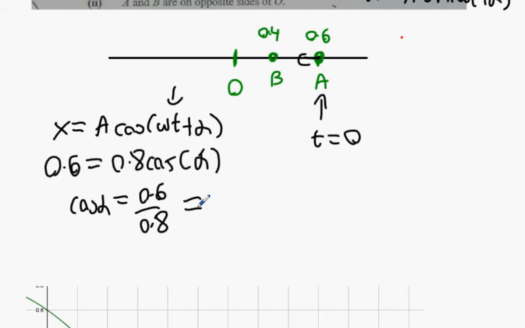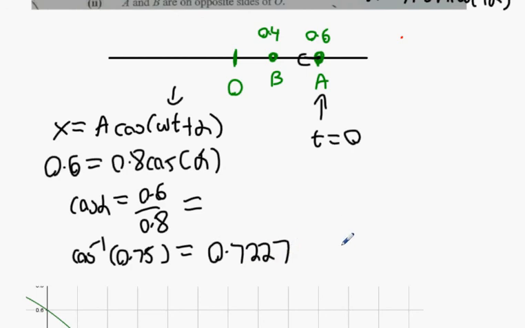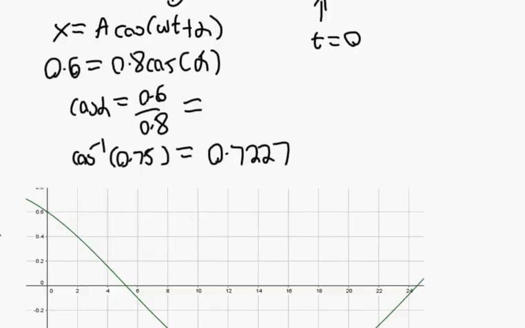Cos inverse that, what do you get? You're going to cos inverse 0.75, and you're going to get an alpha value, or a correction, of 0.7227. What this 0.7227 does is quite obvious.